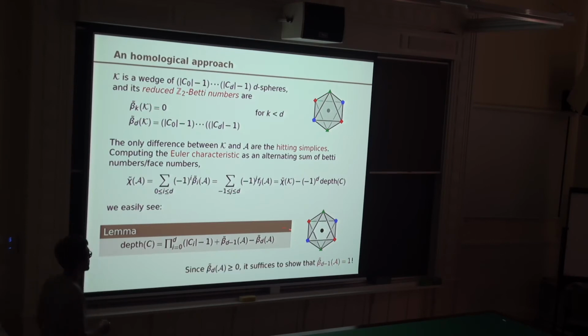And actually, this is always non-negative. So this gives you an inequality. If this is always non-negative, this is always at most this. So if I prove that this number is 1, I just get the upper bound I was looking for, which was this product plus 1. Do you agree? So this is what we want to prove.